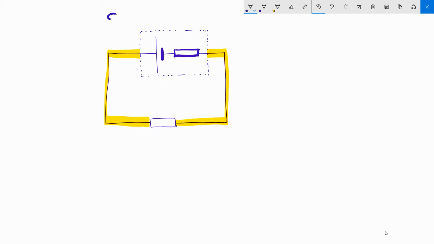So if we say the cell has an EMF of whatever, Kirchhoff's second law says that that total EMF has to equal the PD across the resistor plus the PD that's being used up by the cell. So we'll call this the PD across the resistor, and this is the PD across the cell.